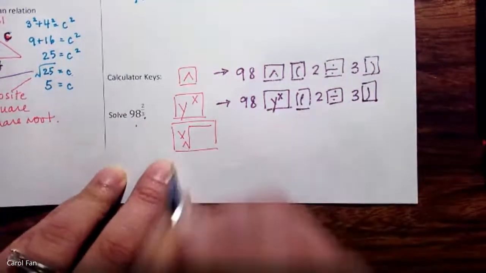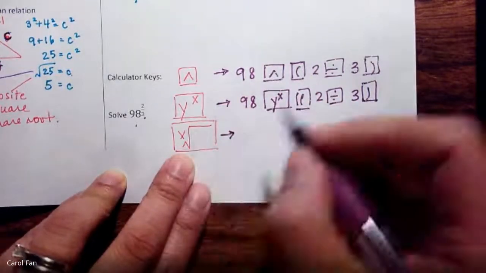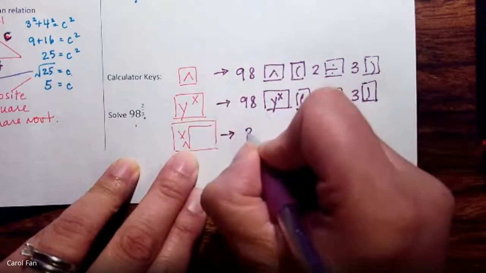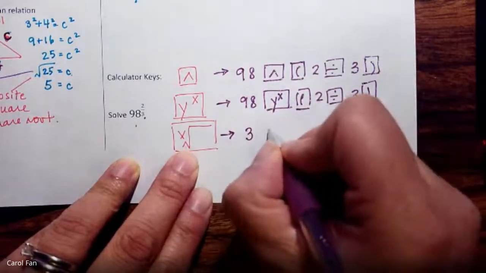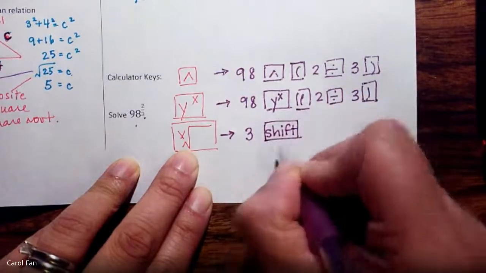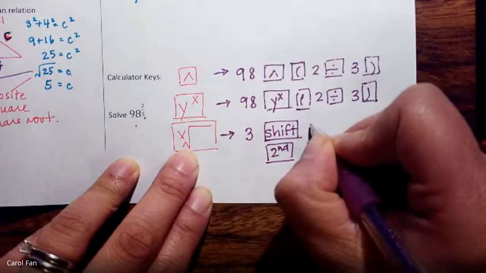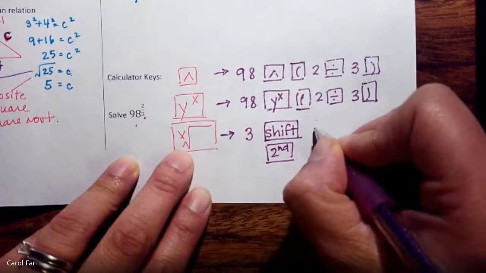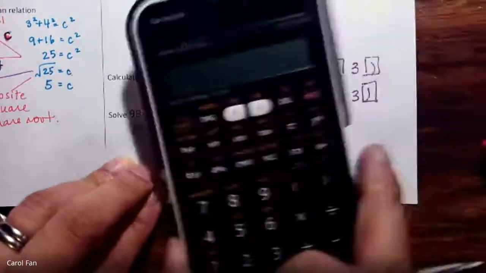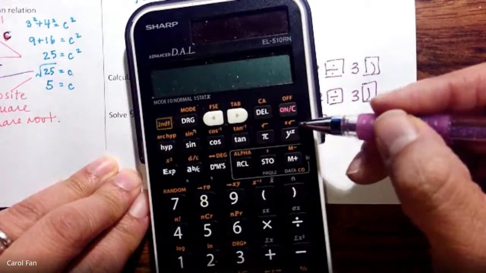Now, if your calculator has the nth root button, what you would do, we would type in the root. So this is our cube. You'll usually have to press shift or second function. And this button, which on my calculator would be the y to the x button.